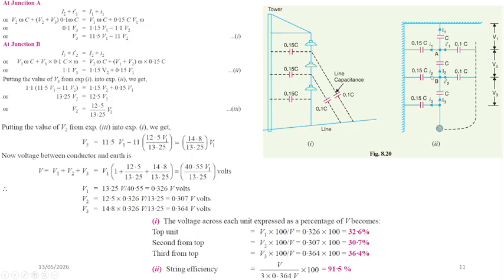And again, for junction B, KCL gives I3 plus I2 prime is equal to I2 plus I2, V3 CW plus this voltage. This voltage is equal to V3 because these two points are the same, right? V3 times 0.1 CW is equal to I2, V2 CW plus, so from here to here is equal to V3.